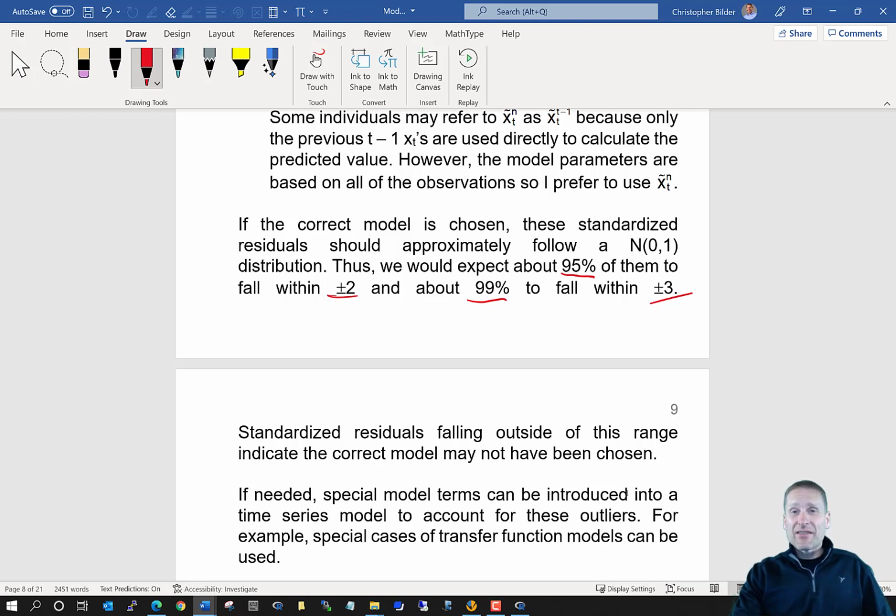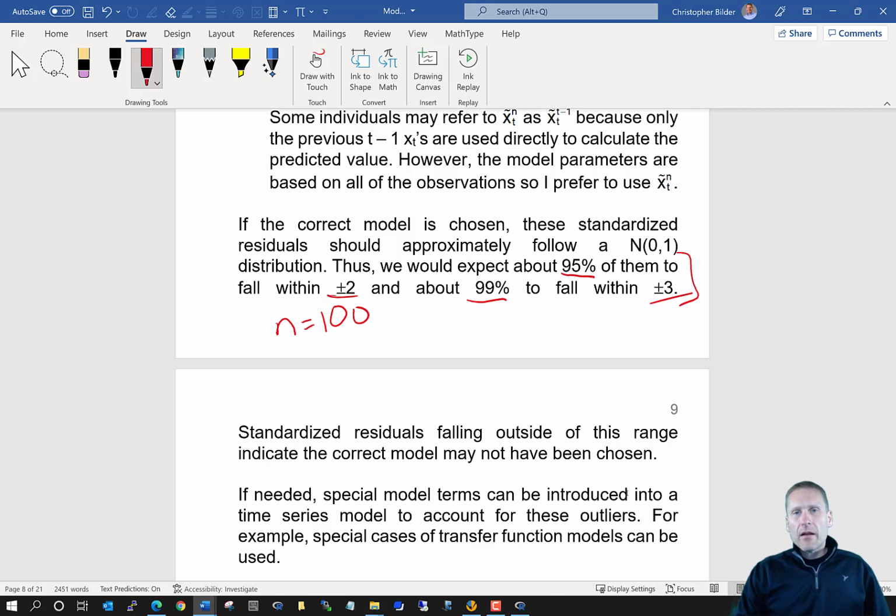Standardized residuals falling outside these ranges perhaps could be outliers, indicating that there's a problem with the model's fit. Now you have to be careful with using this, because notice, let's say n is 100.